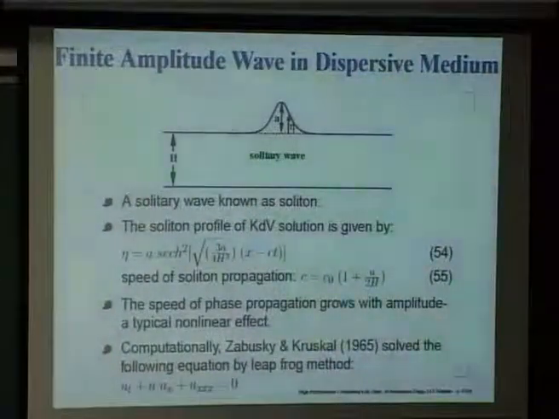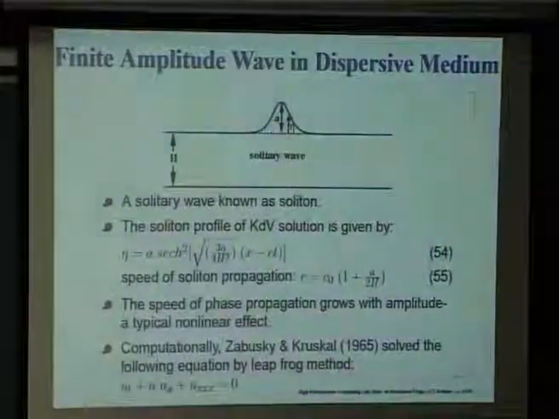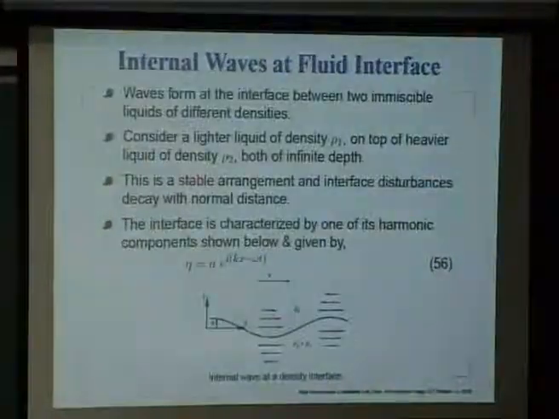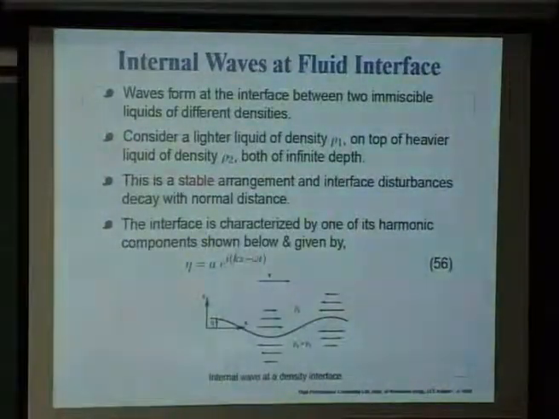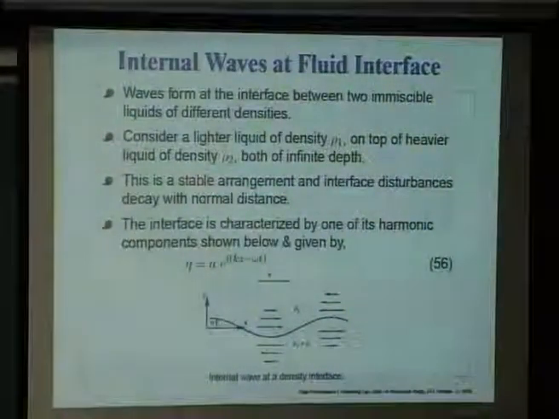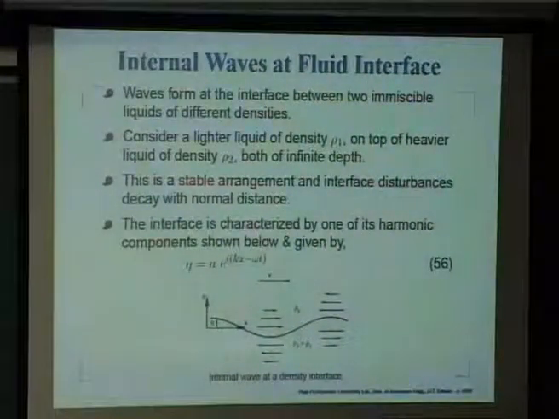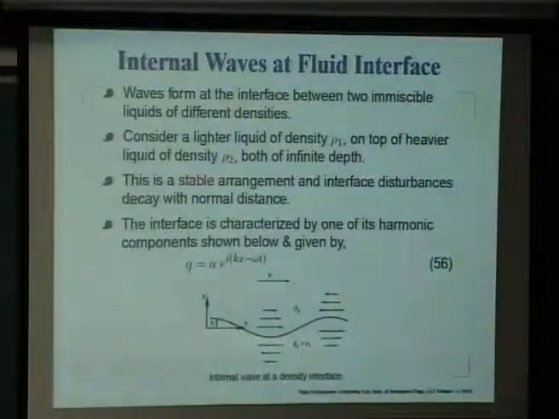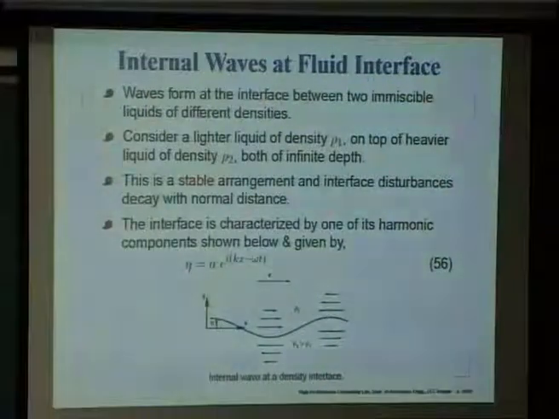So, basically you are seeing a competition between non-linearity and dispersion here. There are lots and lots of papers, people still keep publishing on this, and these are very important areas. As I told you, in optical communication, soliton pulses are used for signal propagation. Okay. So, that is another example of the effect of dispersion, how non-linearity is balanced by dispersion.